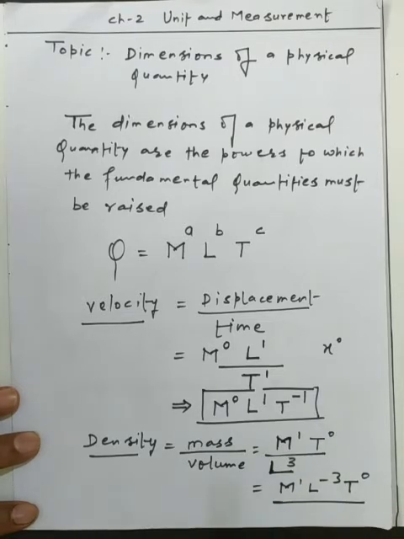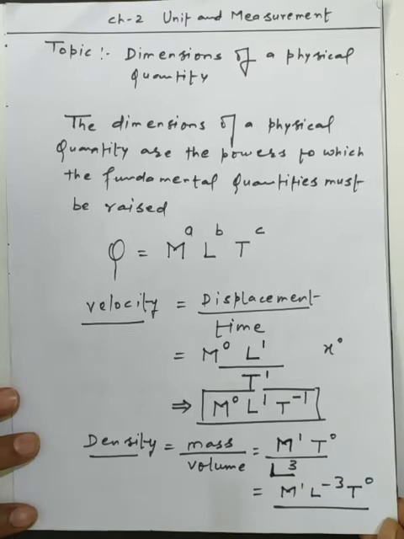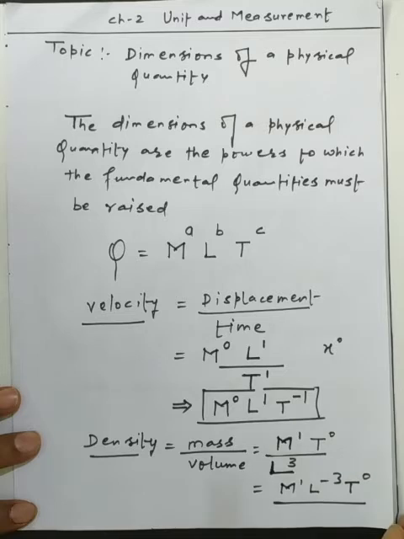It's a simple representation of the dimension of a particular physical quantity. So students, what we actually need is the information of the formula. Then easily we can go through the other quantities and find out the dimension formula.